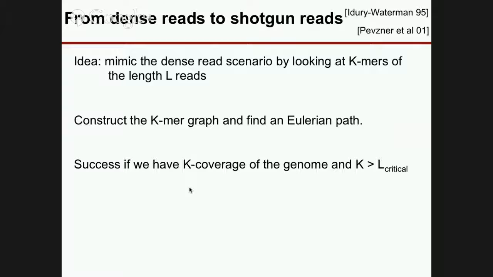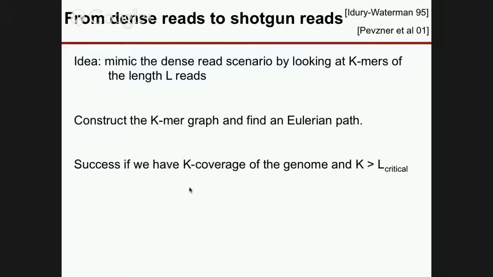Okay. So you need an overlap between reads of length K. This is what I call K coverage. Now you have to choose a K, so K is my design choice, right? I can choose K to satisfy those two conditions.